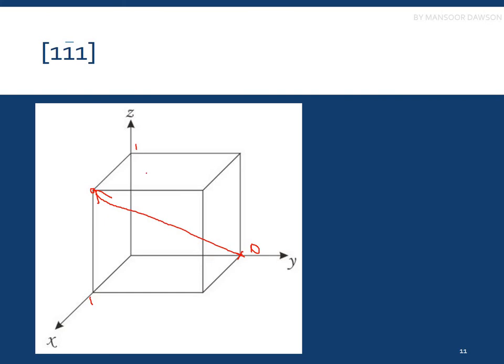We'll be practicing more with these negative indices. In this we have -2, 1 and 2. First of all, we'll be taking 2 as common. So we'll be getting 1 bar over here, 1 upon 2 in the y index and 1 in the z axis.